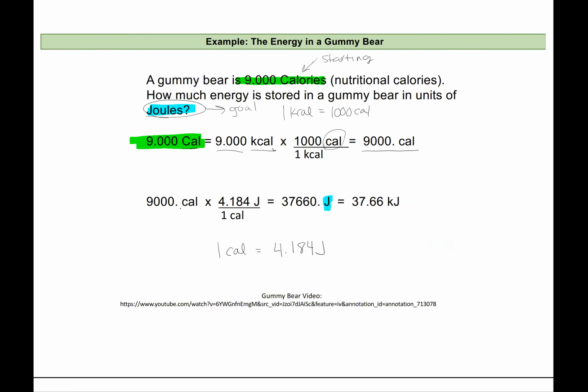I'm setting this up so my calories will cancel, so calories is in the denominator and 4.184 joules is in the numerator. When I calculate this, I get about 37,660 joules. If I wanted to convert this into kilojoules, I would multiply by 1 kilojoule divided by 1,000 joules. I'll move the decimal place over 3 and get 37.66 kilojoules.